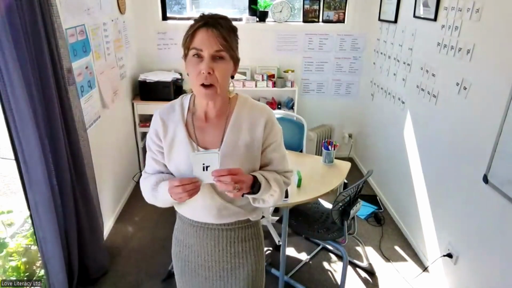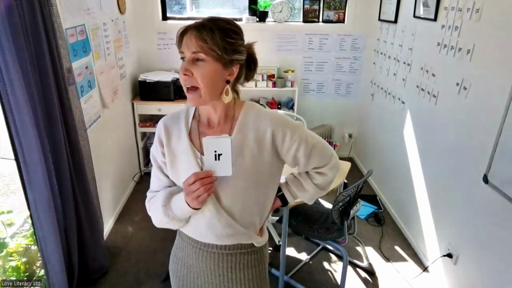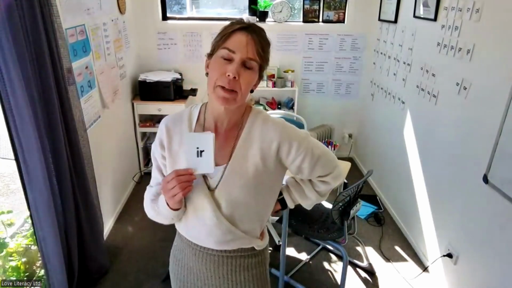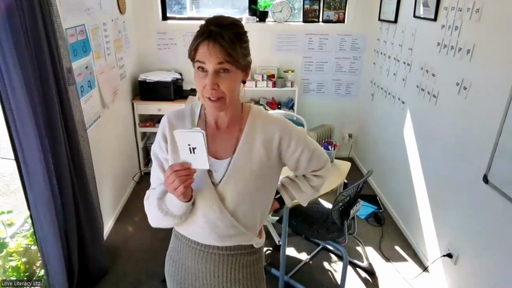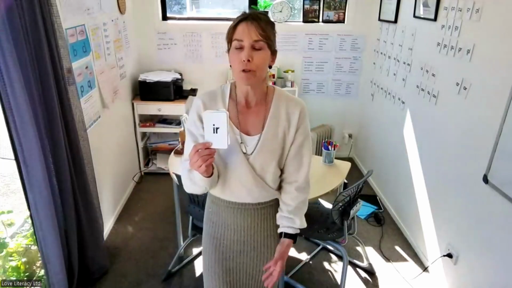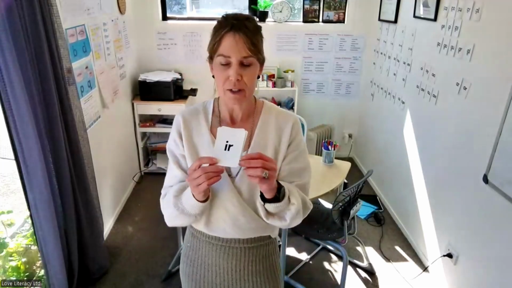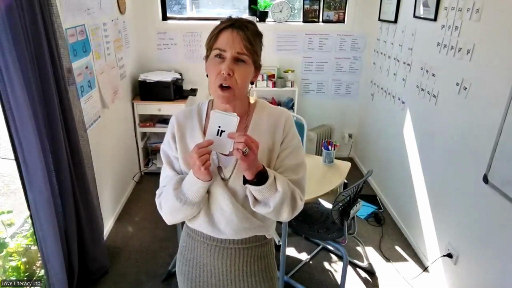Now, as I say, when I am teaching any of these, I like to make sure that students are learning to spell them correctly right from the beginning. I don't get them to guess. So I will let them know that this is the spelling for the sound of the words that I'm giving you. If I'm doing a word like firm or twirl or swirl or chirp, they will absolutely know that it's going to be spelled with the IR.